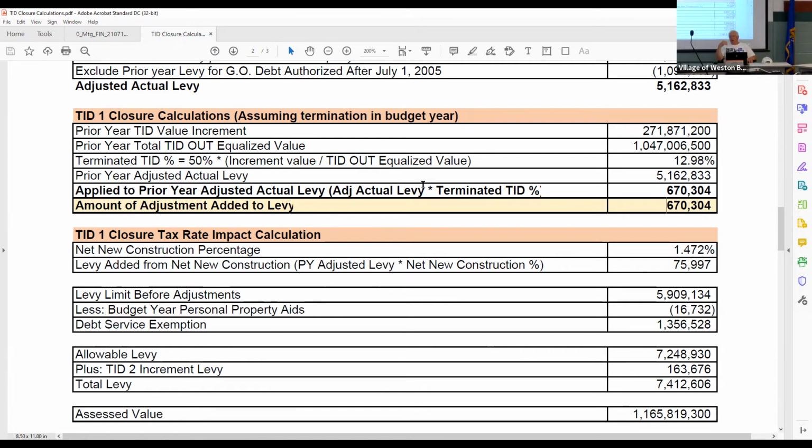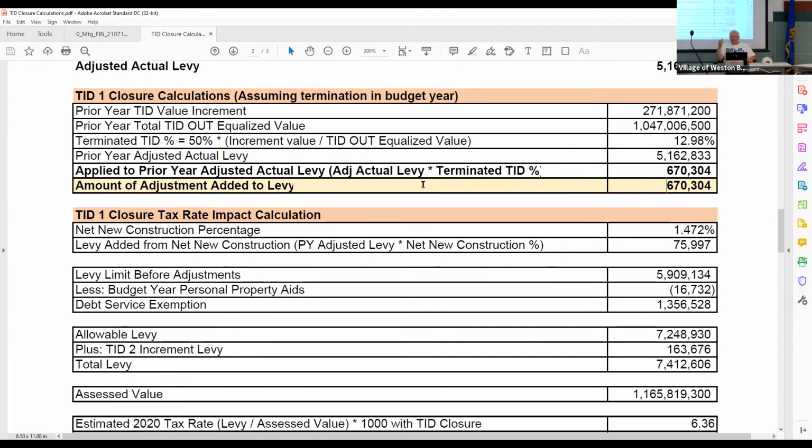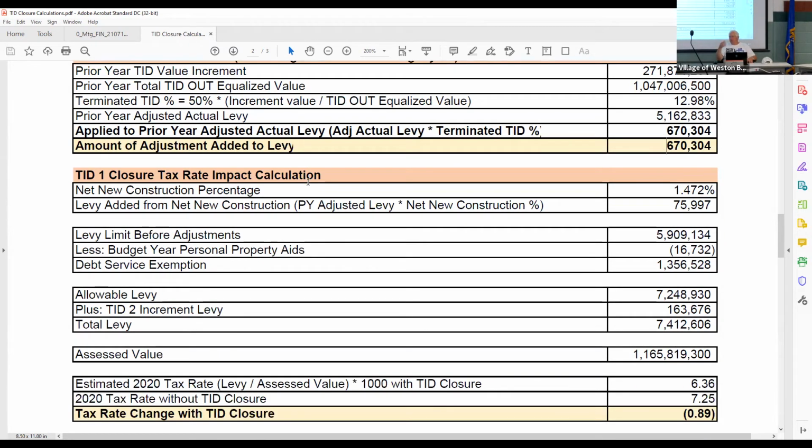That's why if we could do this on a piecemeal basis, that would make it a lot easier for us to incorporate it into our tax rate, as well as have less of an effect upon the other taxing units at that time.